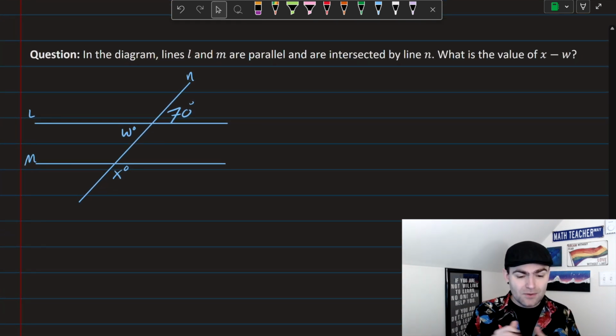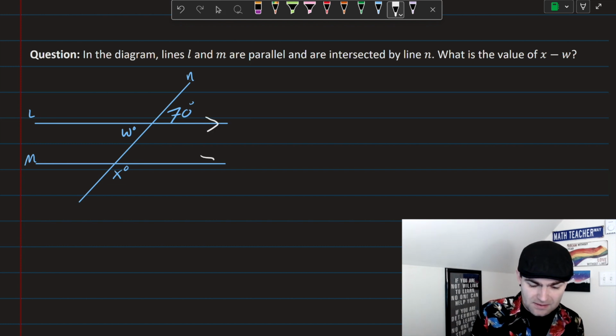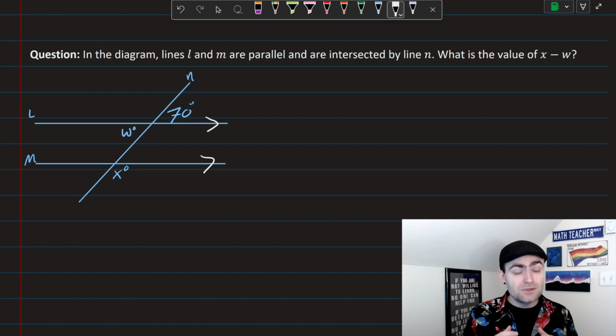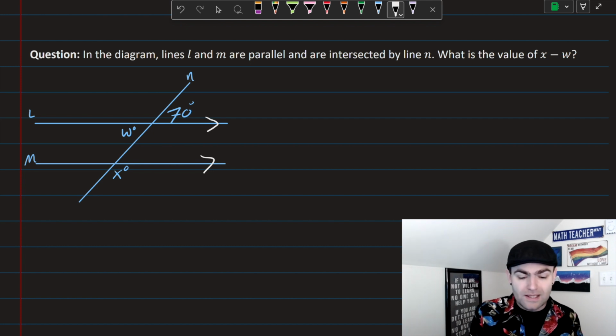In this diagram here, lines L and M are parallel, so this line is parallel to this line, and they are intersected by line N, that's our transversal. What is the value of x minus w? Well, we are given this 70 degrees here.